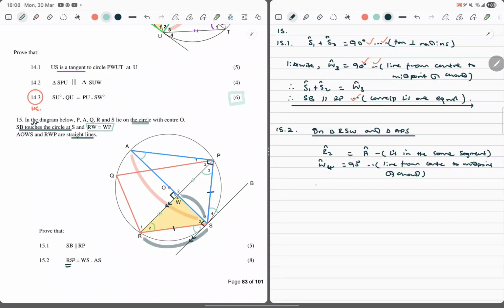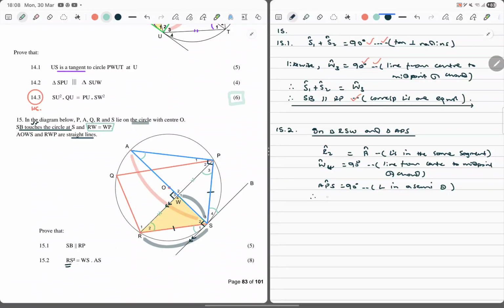So also, what do we know, guys? We know that APS is also 90 degrees. This is the angle in a semicircle.